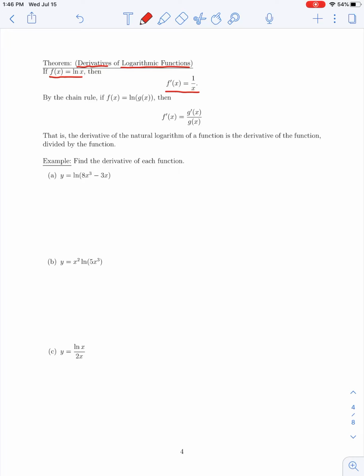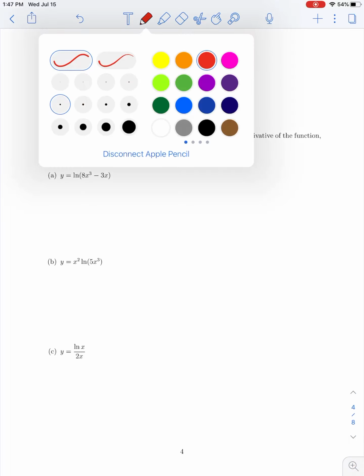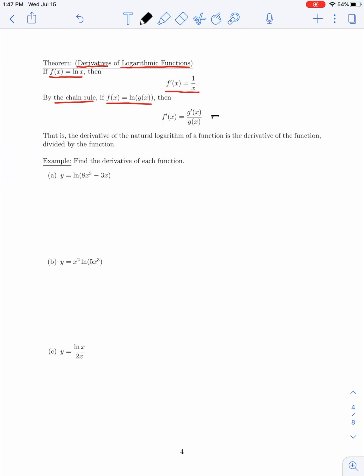Or if we make this a little more interesting, say we have a function of the form f of x is the natural log of g of x, that is the natural log of a function of x, then using the chain rule, the derivative would be 1 over the function g of x, but then we have to multiply by the derivative of that inner function, that is g prime.